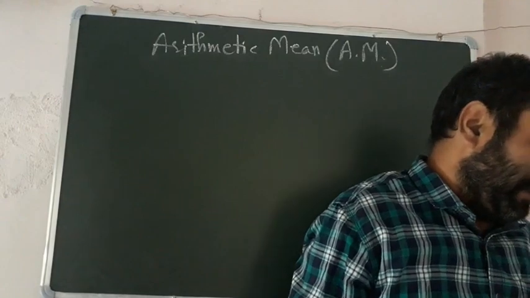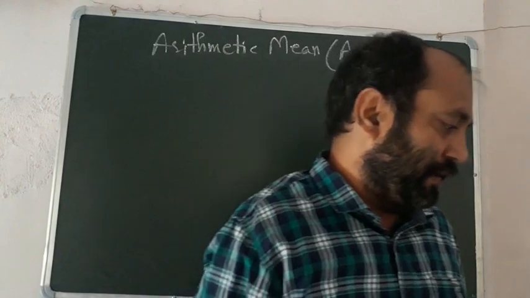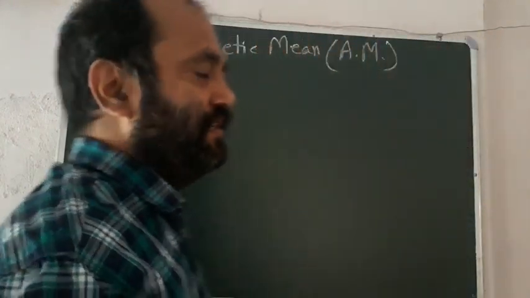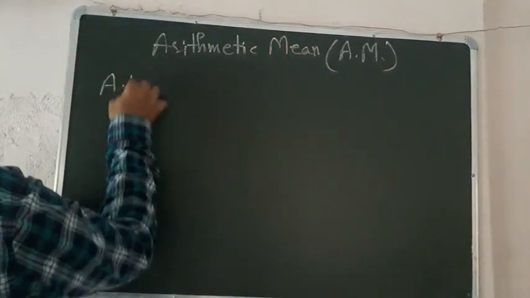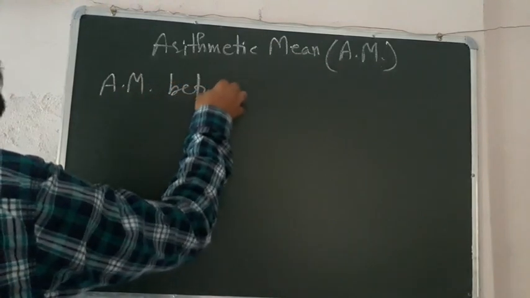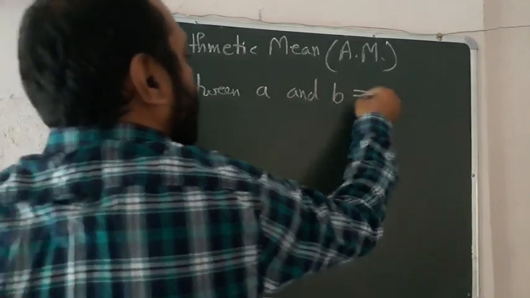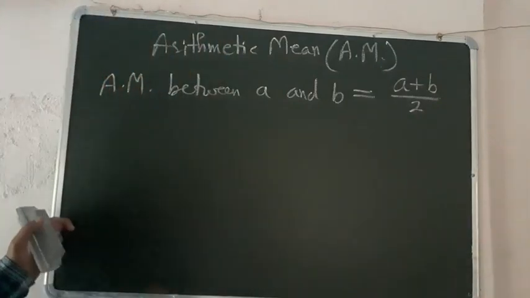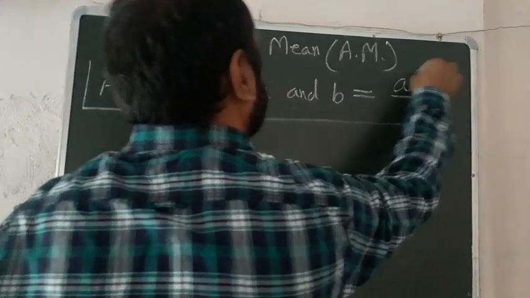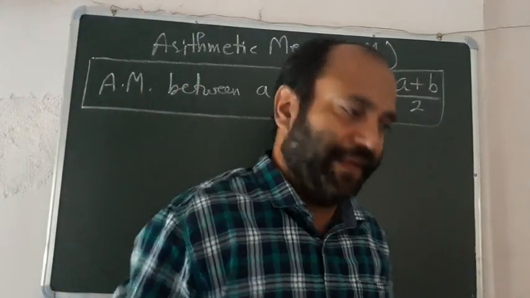When we interpret the arithmetic mean between two numbers a and b, we have to find the average value of a and b, that is (a plus b) by 2. So always remember this formula to find the arithmetic mean between a and b.